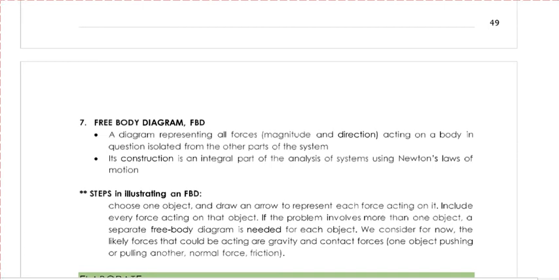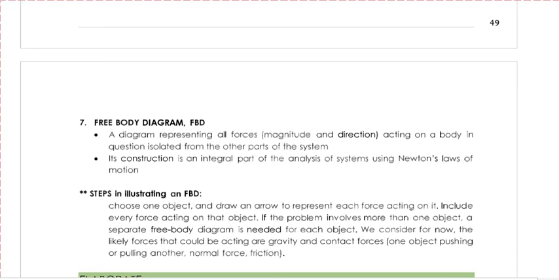This construction is an integral part of analysis of a system using Newton's laws of motion. So medyo para mapahapos nato ang pag-analyze ng specific na problem. So steps in illustrating an FBD, choose one object and draw an arrow to represent each force acting on it. So kung ano man nga body, draw sa tanan-tanan yung mga forces nga nag-act on a specific nga body.